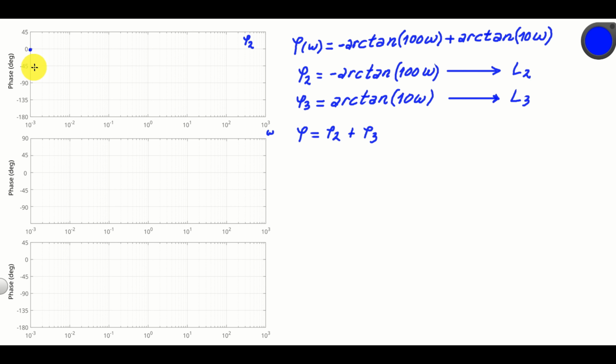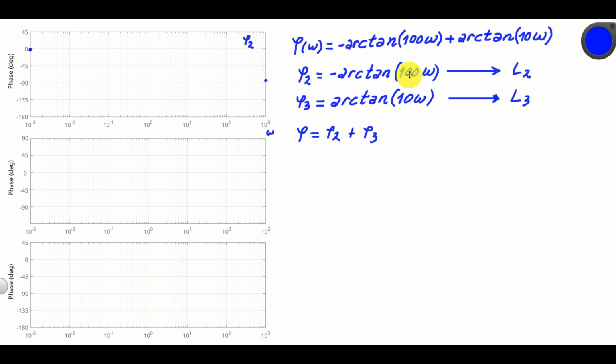Okay, let's see what happens at infinity. When omega is equal to infinity, we will have minus arctan of infinity, and that's minus pi over 2, that is minus 90 degrees. That is, somewhere in infinity, the function will go to minus 90 degrees. From here we conclude that the asymptotes are 0 and minus 90 degrees.